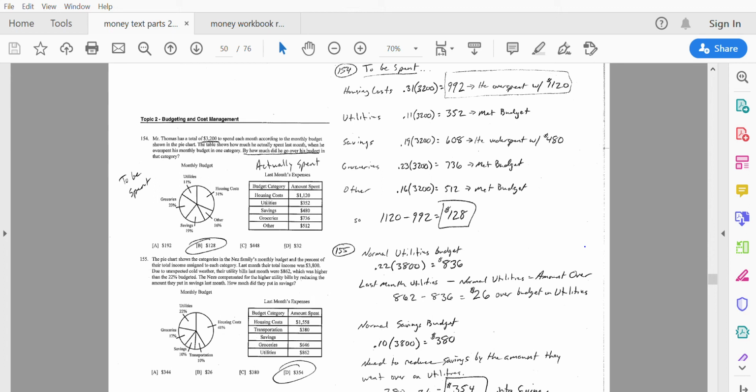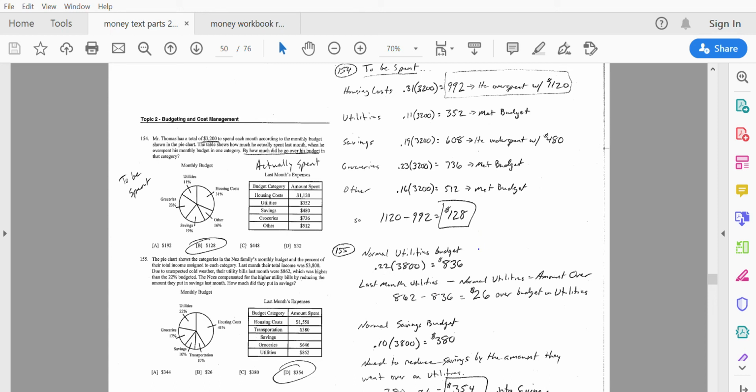So now we've got to figure out how much they're going to save. Because they went 26 over on that, they're going to put 26 less into savings. So the first thing we do is find out how much they were planning on saving. They were planning on doing 10%, and then 10% of the 3,800 you multiply. So this is how much they were going to save.